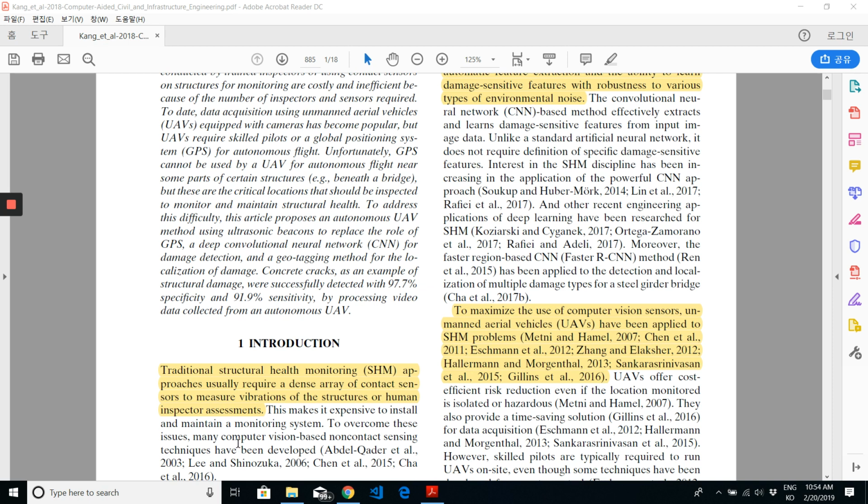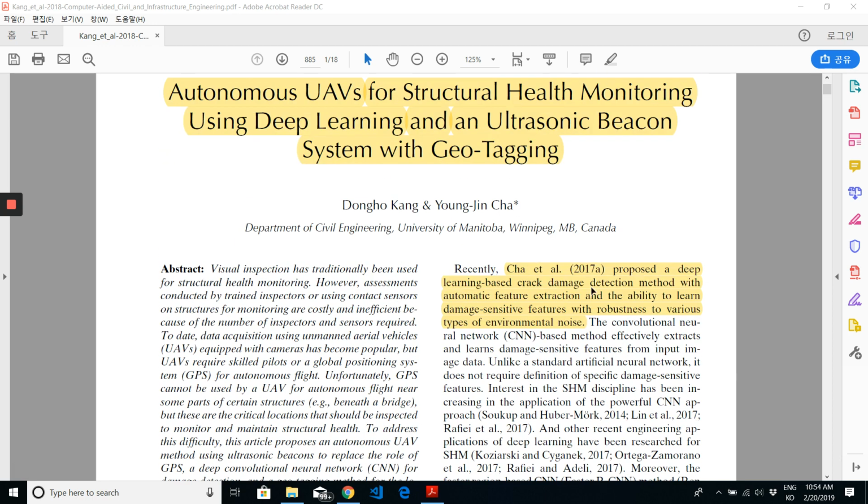These days there is a lot of research where people use UAVs and computer vision like deep learning. I just want to give a tip and also try to explain the very simple version, because this paper is really long, since I added a lot of experiments and lots of trial and errors.